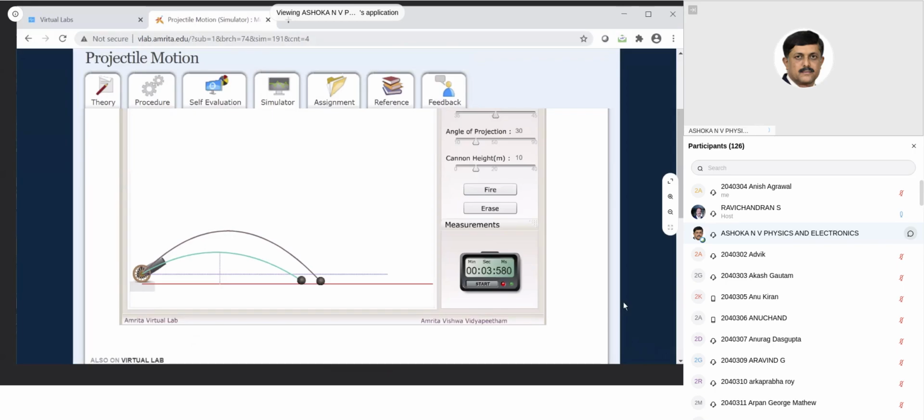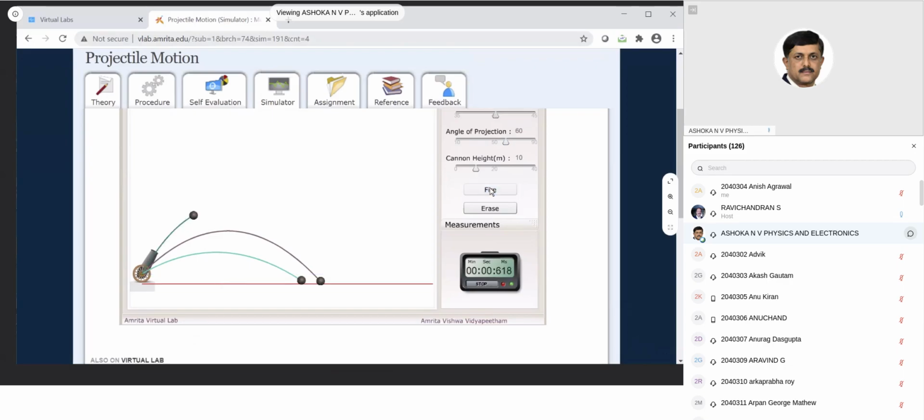At 45 degrees it is maximum, at 30 it has come down. If you want 60, you try, it will come back again. If you try 60, it will be more or less like 30, or there may be a small variation. Velocity I will keep the same and then I will fire this.